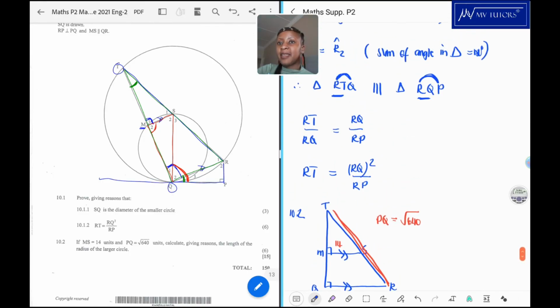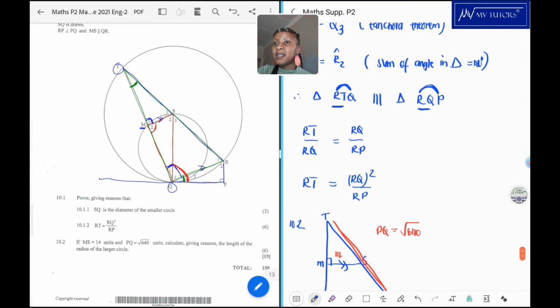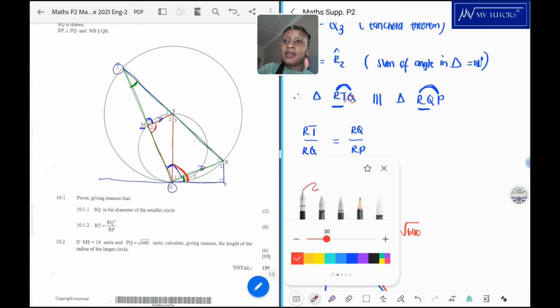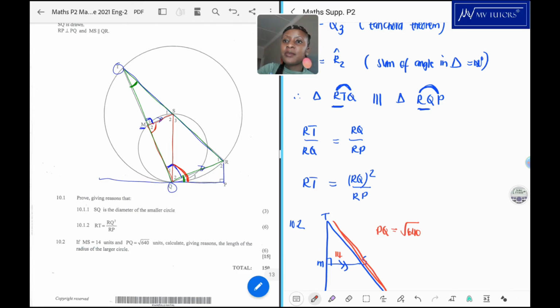Okay. Let's come back here. So TQ, there's TQ. Okay, let me use my red. I'm looking for TQ. And I know that it is in proportion with QP, which is what they gave me.